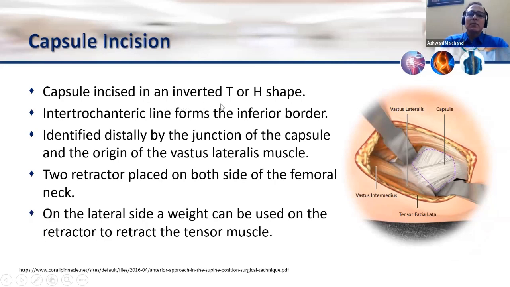Capsule, as we always do in posterior approach as well, some people incise it in a T shape, some people in an H shape. We have to reach right up to the intertrochanteric line, and we know that the intertrochanteric line is the landmark from where the vastus lateralis goes distally and the capsule goes proximally. So right up to that, we have to release the capsule so that we can see the whole of the neck and head easily.